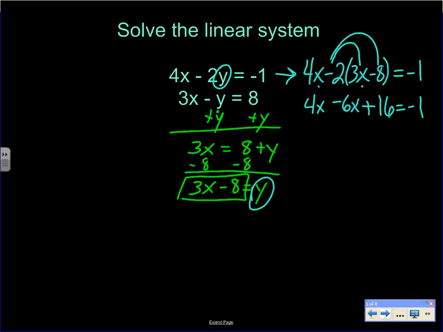And we drop down 4x and negative 1. Go ahead and combine like terms. 4x minus 6x will give us a negative 2x. Drop down 16 and negative 1. And I believe in order to get x by itself, we should subtract 16 from both sides.